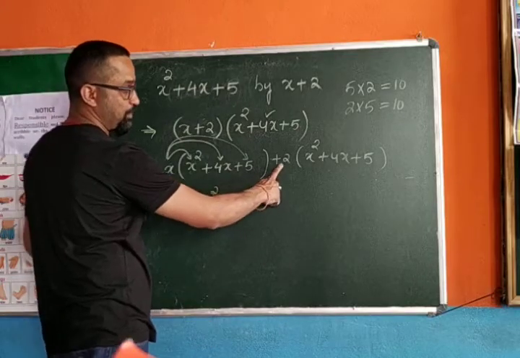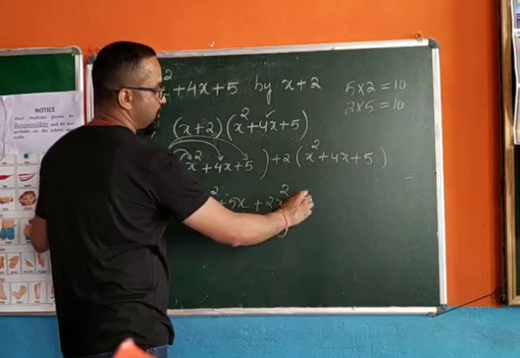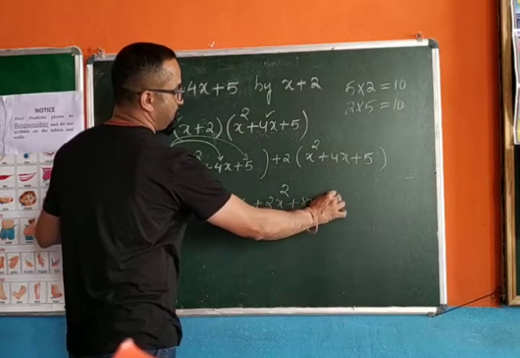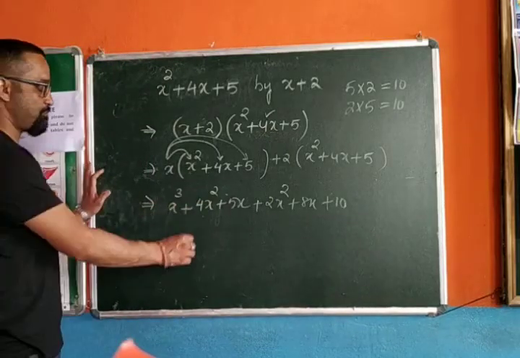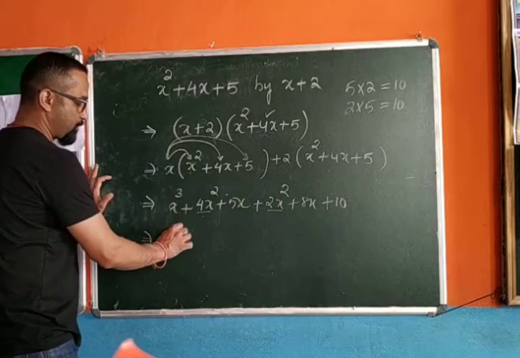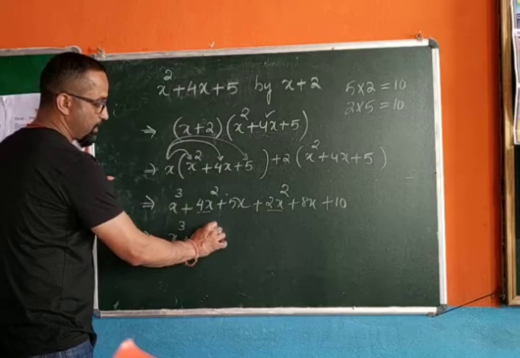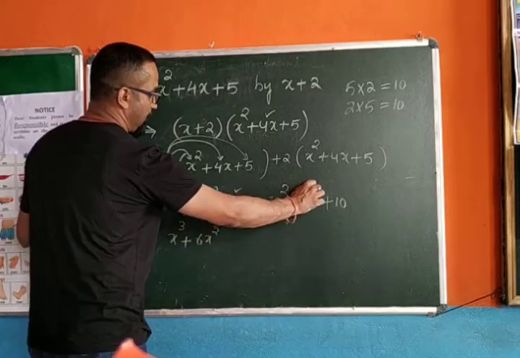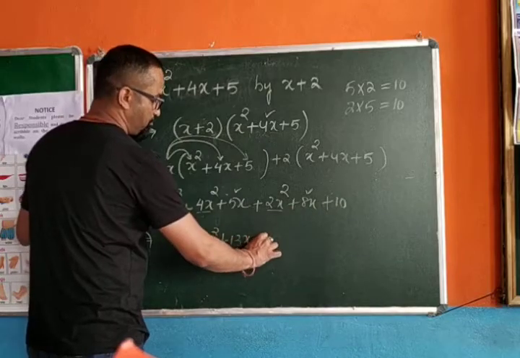Now with 2, plus into plus is plus 2x squared plus 8x plus 10. Once you get this, then you have to mark the like terms. X cube, 4, 2, 6x squared, 5x, 8x, plus 13x, plus 10.